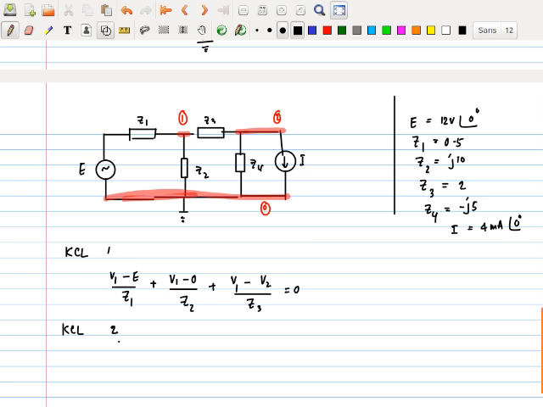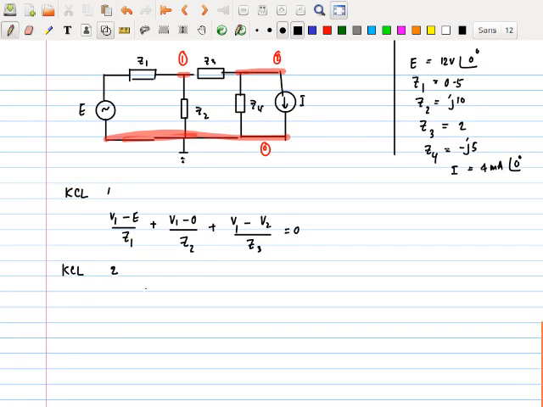V2 minus V1 over Z3 plus V2 over Z4 plus capital I is equal to 0.